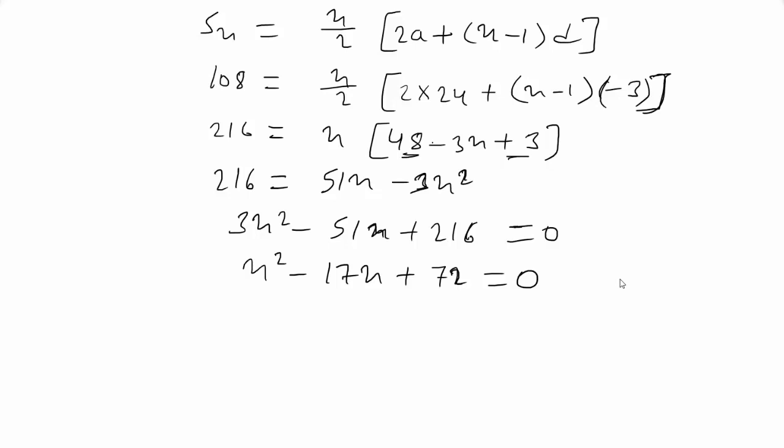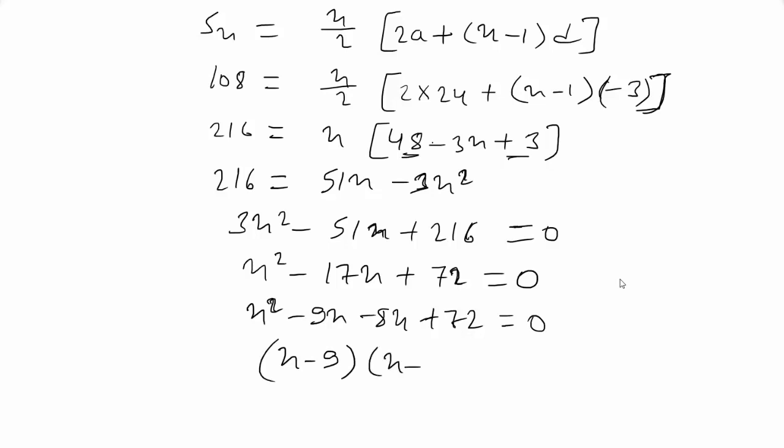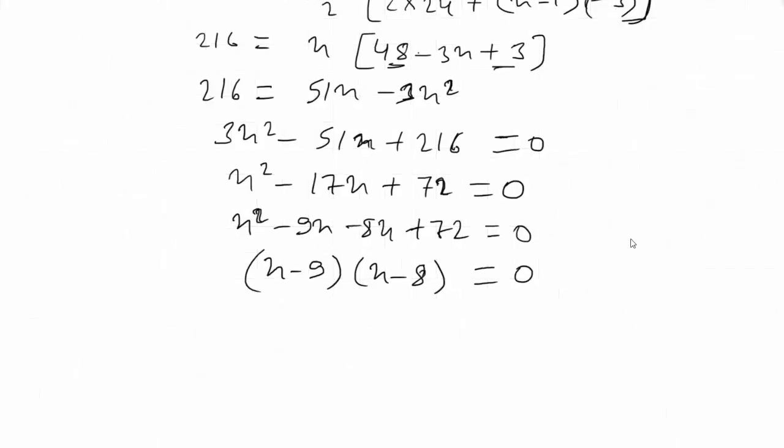Now go for middle term factorization. If you go for middle term factorization, you are going to get something like this. Now I'll directly write the factors, you take common and follow the procedure. So see, (n minus 8) times (n minus 9) is equal to 0.